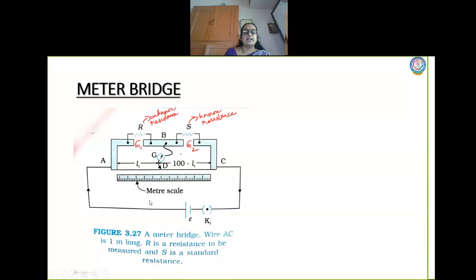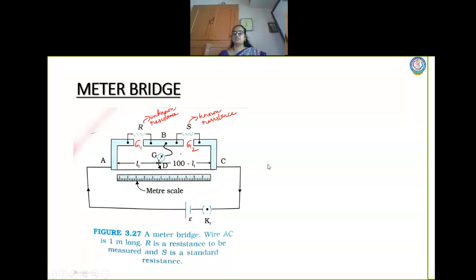As far as this connection is concerned, there is a current that is flowing from the cell from here. At this point there will be a current flow, and then the current will be going this side also. At a particular point, the potentials will be the same. If the potential is going to be the same, now this will be the resistance. Now this AD will be the resistance and DC will be the resistance.